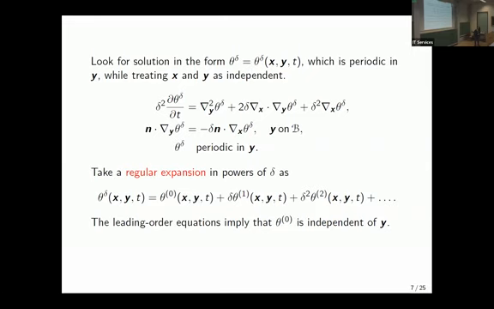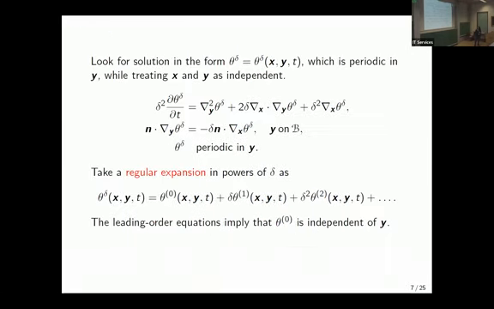The last step is to take a regular expansion in powers of delta to obtain an infinite number of problems that one can solve, with the leading one usually determining the majority of the behavior. And of course, one thing I should say is that the dependence of theta on y is such that theta is periodic in y. So basically, it inherits the background periodicity of the medium.